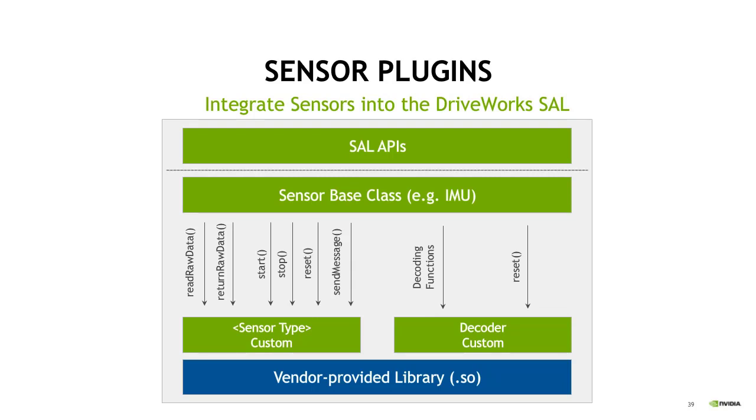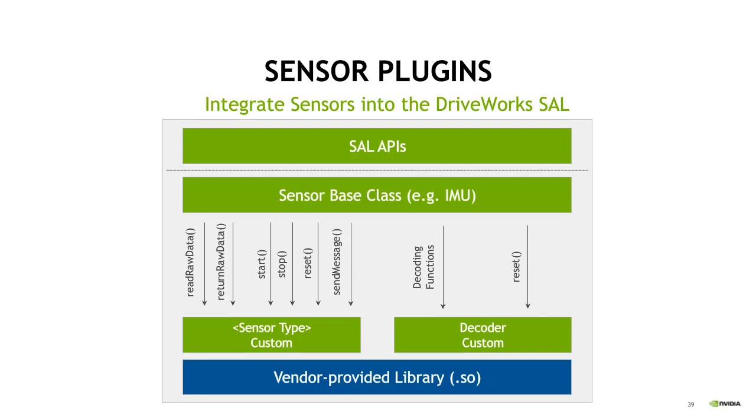You have the vendor-provided library file, which implements the custom control and data plane for your sensor. Once you implement the required API calls, it's very easy to integrate into the SAL to take advantage of the entire DriveWorks stack. Because the sensor abstraction layer is a unified interface, application developers would not have to worry about sensor-specific details.